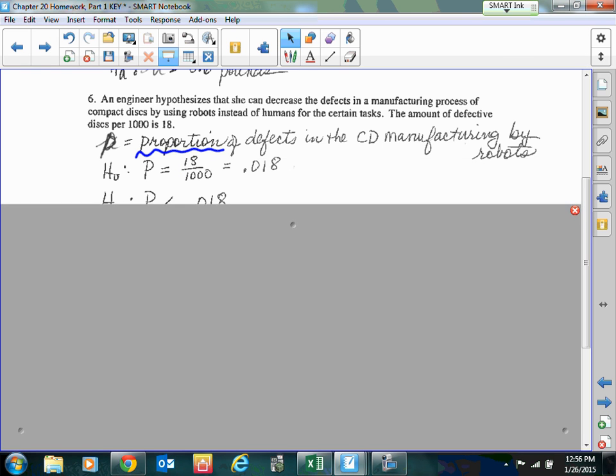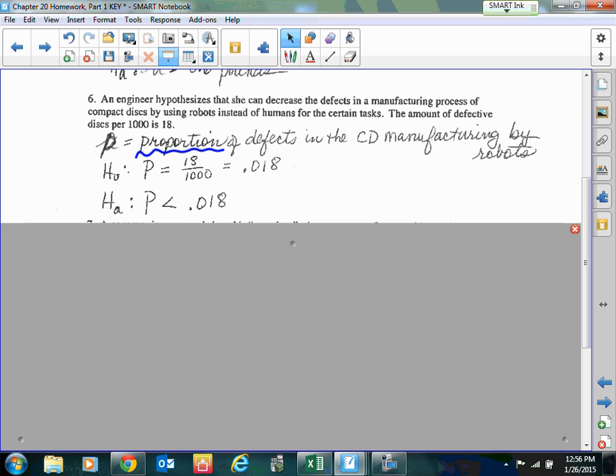Okay, and then the null is P equals, and you can leave it as a fraction or a decimal, and the alternative is P is less than. Okay, so my point is keep track. P's for proportion and mu's for average, and use those words as the first thing in your problem.